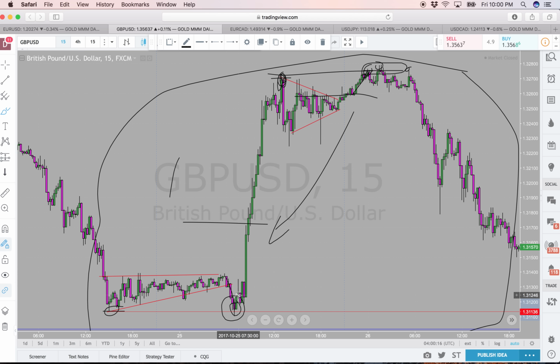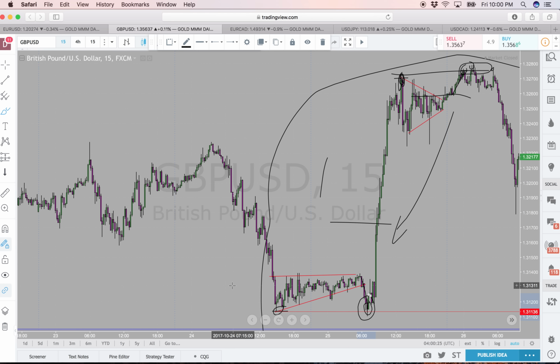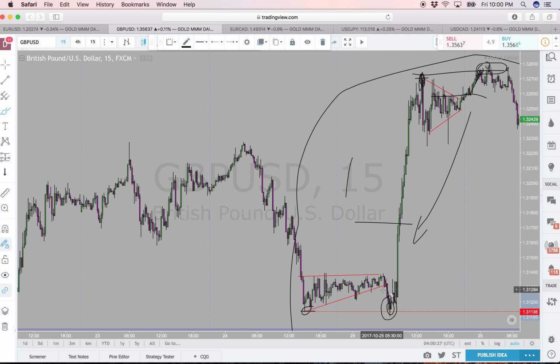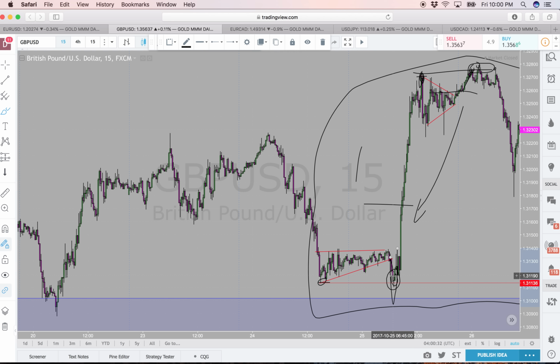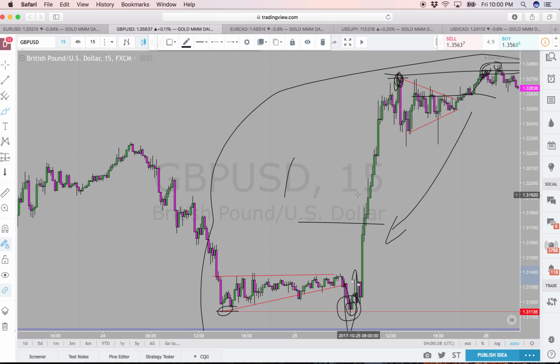GBP JPY may have 15 to 20 pip stop hunts as a norm. That's pretty normal for GBP JPY. They could stop hunt 15 to 20 pips, but yet reverse still. Whereas maybe Euro US dollar only stop hunts 10 or 12 or 15 pips.